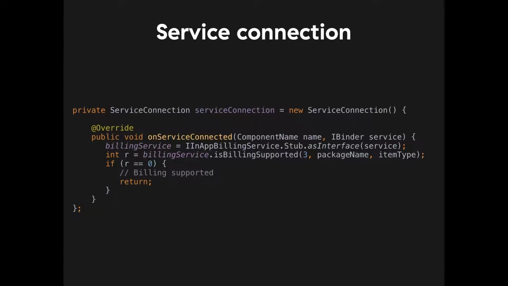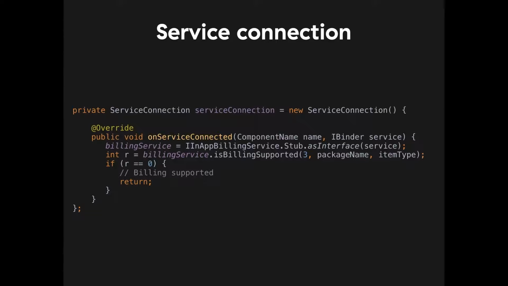You do this by asking your billing service, is billing supported? Every method that communicates with Google Play has as its first argument an integer, which states which billing API version you are using. Second is package name, and the rest depends on the method.